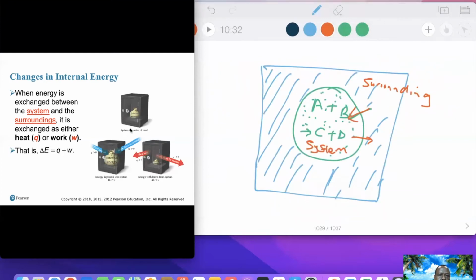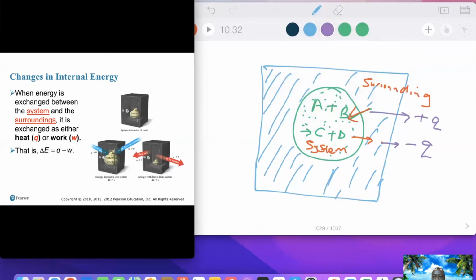If you look at what is happening here, this is our system, the yellow on the diagram. The black box or container is the surrounding or the environment. Here, Q is negative Q. This one here is positive Q. If heat is getting into the system, Q is positive.